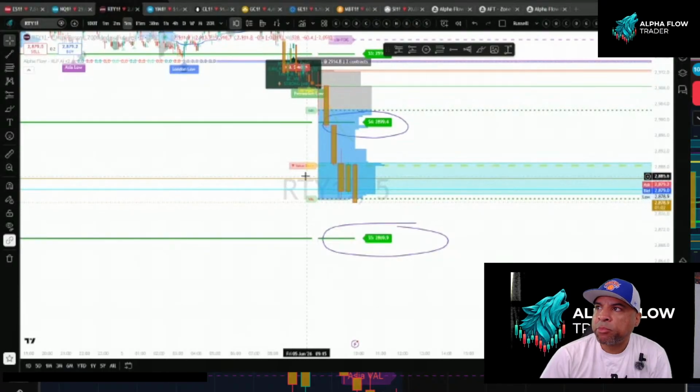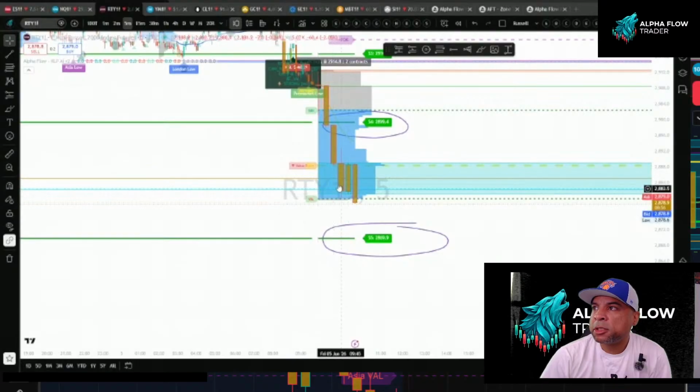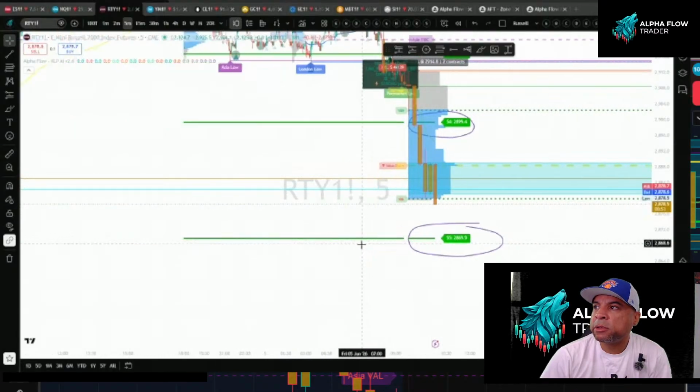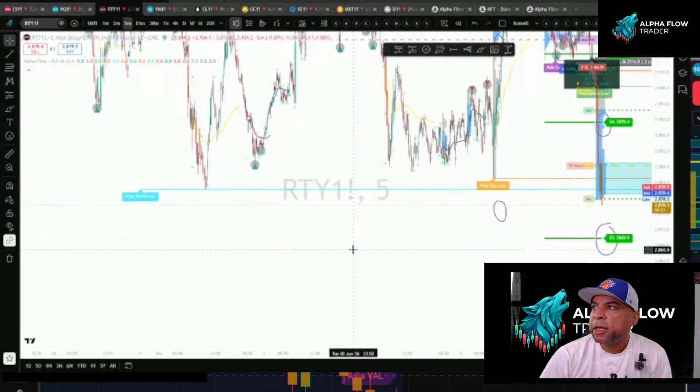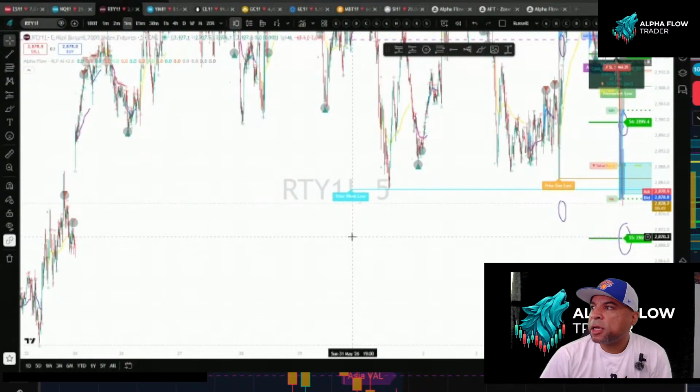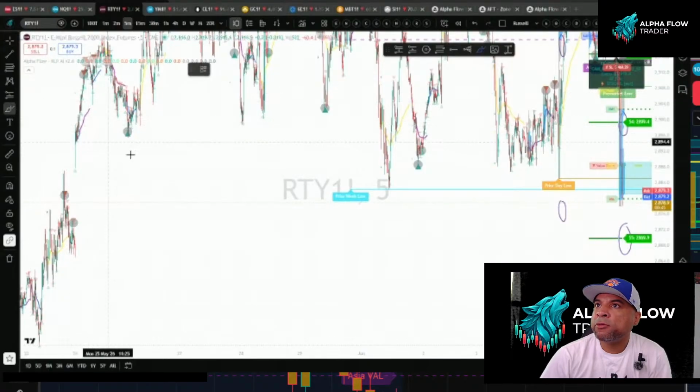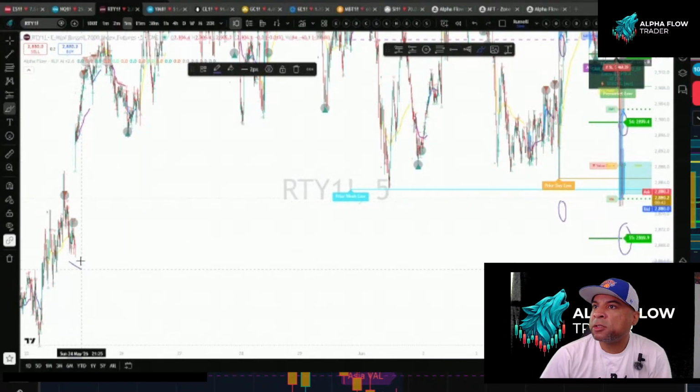Russell is already at prior day's low and prior week's low, and it's continuing. It's taking out those lows and continuing down to S5. So S5, I said, if we can continue down to S5 as well as take out these lows here, which would be somewhere around right here, I'd be interested in Russell.